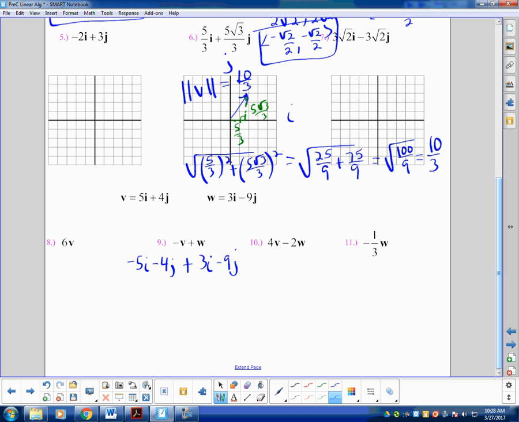And then we combine them, just like combining like terms, and we get negative 2i minus 13j. Or another way to write this in the form we had last time is negative 2 comma negative 13.